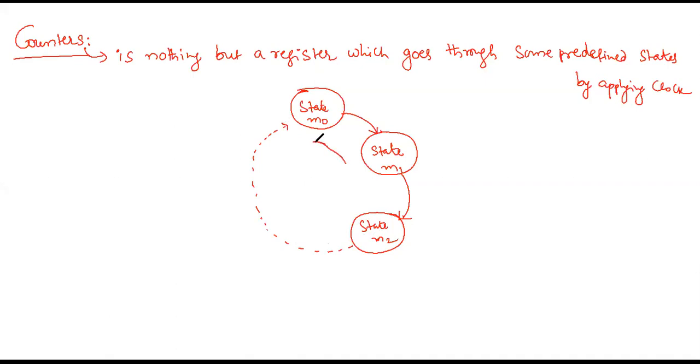So counter is nothing but a register which goes through some predefined states by applying clock. So whenever you apply clock, initially consider counter is at M0 state.